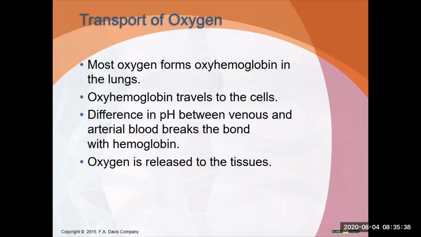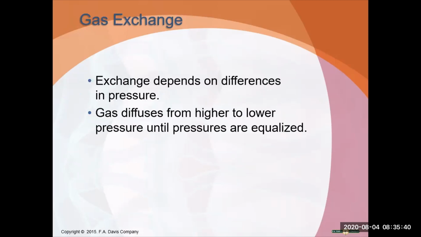Process of gas exchange. The partial pressures of oxygen and carbon dioxide vary between the air we breathe, the alveoli, arterial blood, and venous blood. It's these variations in pressure that allow the body to absorb oxygen and expel carbon dioxide.